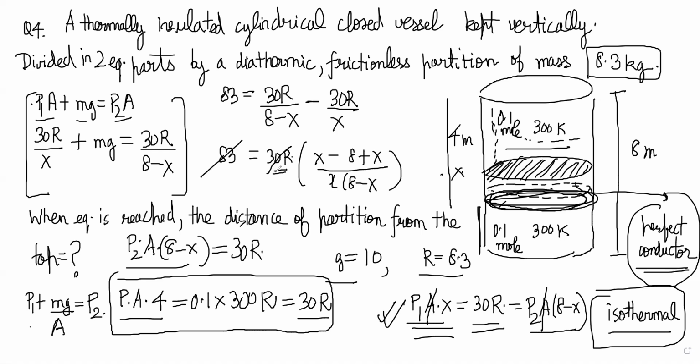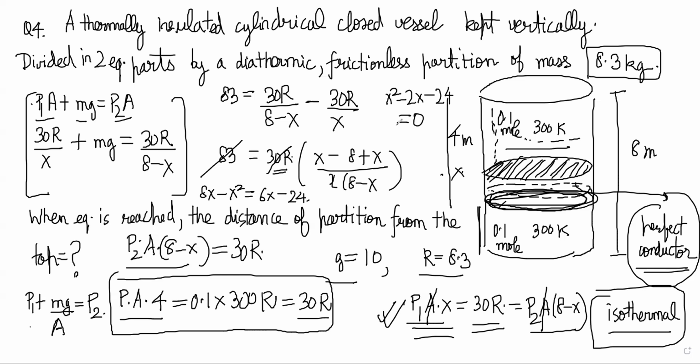It is a 3 here, right? So you're getting 8x minus x square is equal to 3 times 2x minus 8, so 6x minus 24. You're getting x square minus 2x minus 24 is 0, right?